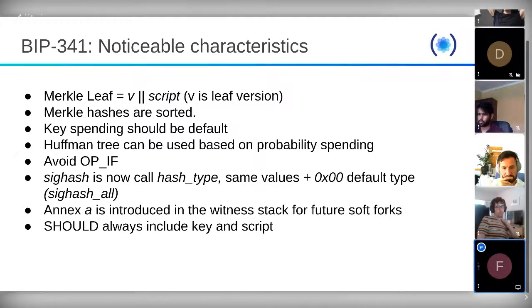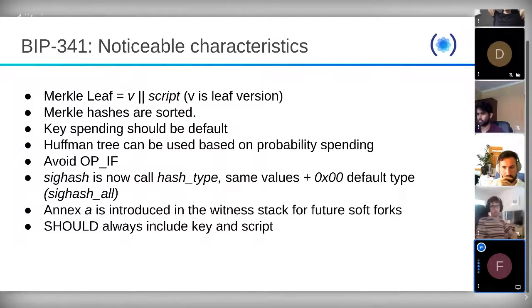In this case, you should put P, for the key spending, as the aggregation of all 3. So that if everyone agrees on spending, then everyone signs and you do key spending and you're good. And in the case where one of these business partners is unavailable, then you want to have the script.